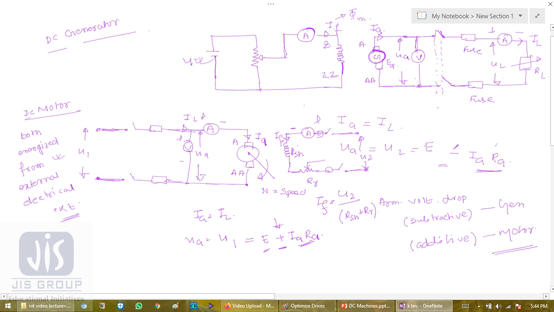Now we will discuss the self-excited machine. Self-excited machines are basically classified into three main categories.